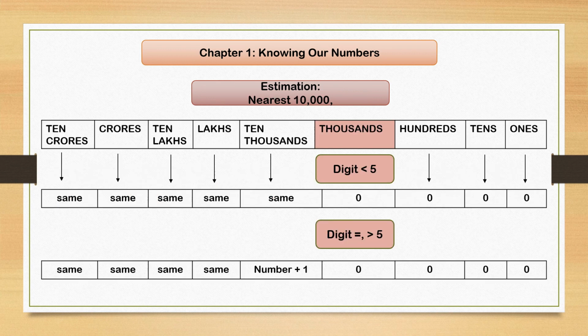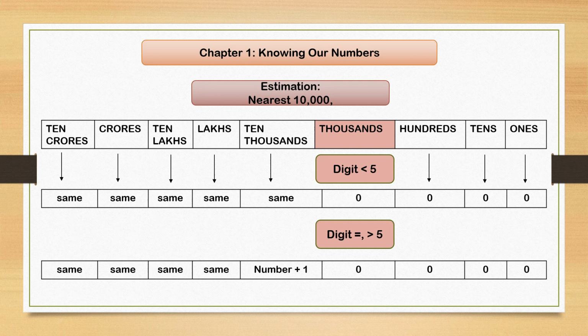Estimation to the nearest 10,000. For rounding off the number to the nearest 10,000, we observe the digit at the thousands place. Now, there are two rules over here. First, if the thousands digit is less than 5, we replace the digits on thousands, hundreds, tens and ones place by 0 and the other digits remain same.